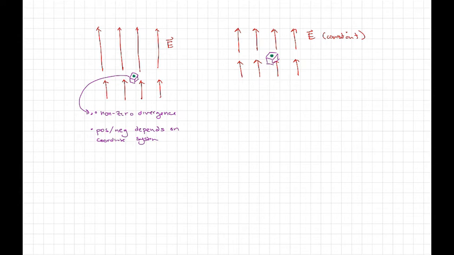Because it's a constant field, that means that flux per volume isn't changing. And so the amount of flux coming in this side of the volume is equal and opposite to the amount of flux coming out of the other side of the volume. So that means we have a zero divergence.